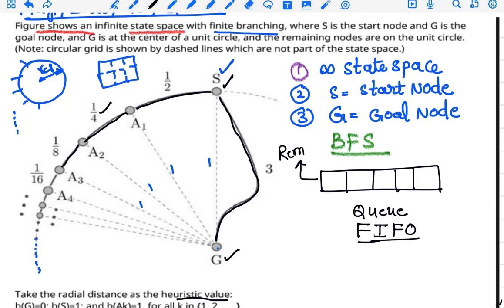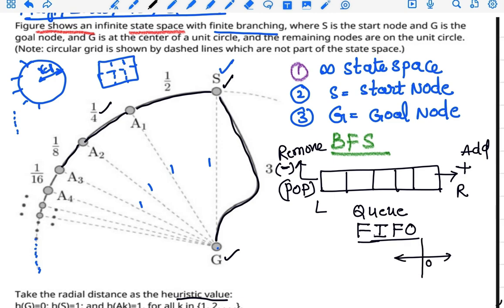Remove or pop, friends. Pop means removing an element from the queue. Push, pop, both are functions on the stack and queue. Plus is add, minus is remove. So on the right side you are adding, on the left side removing. You can remember it like this.